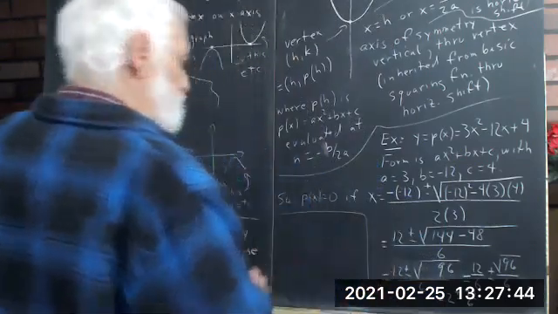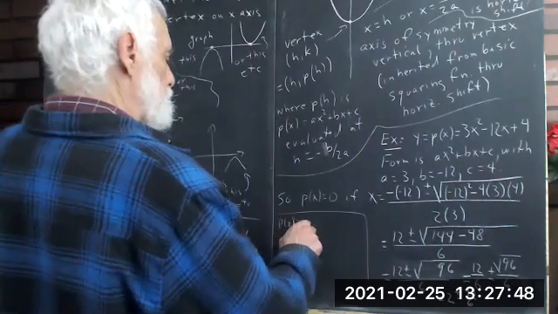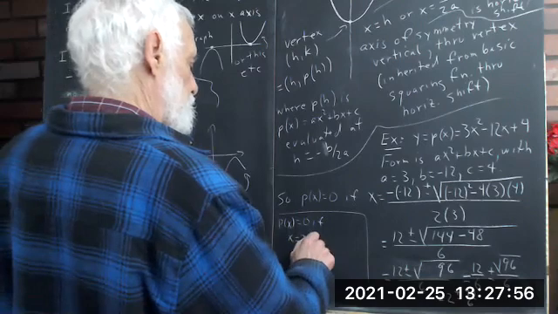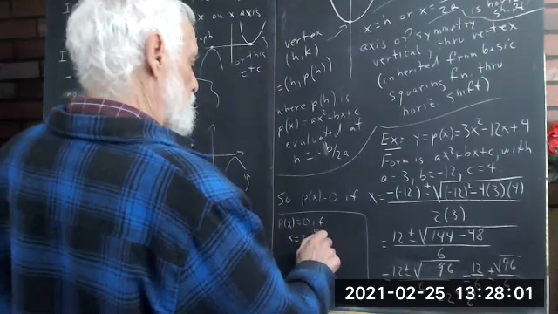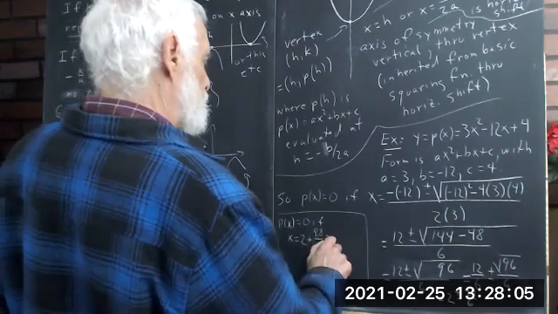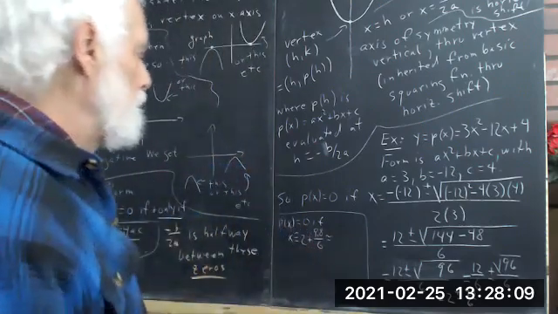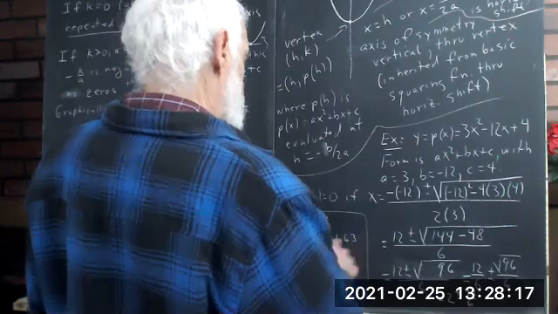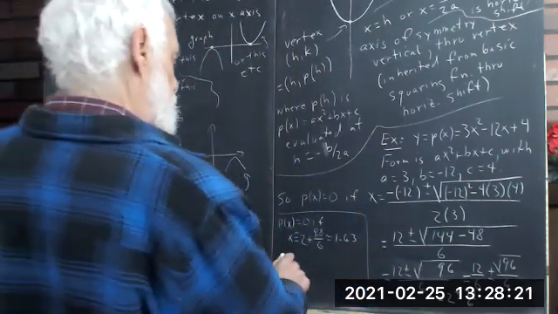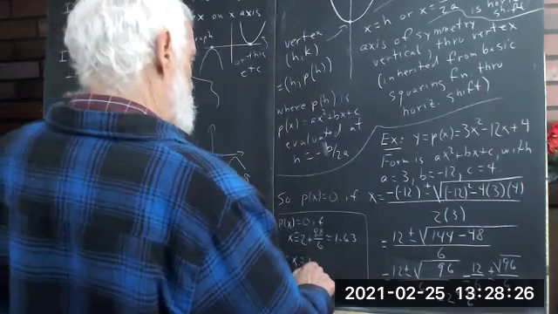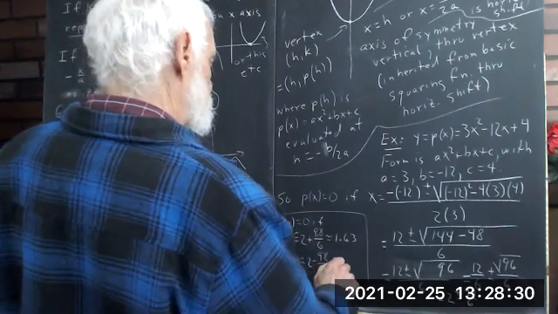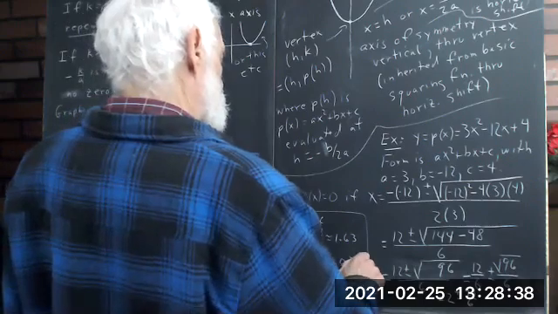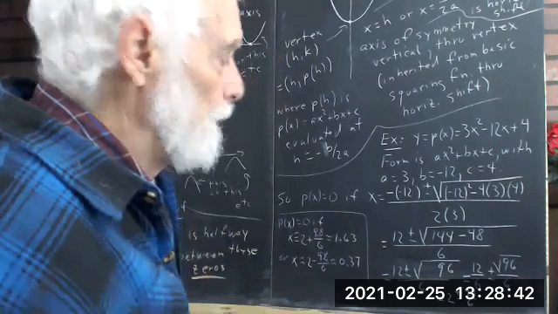So two plus 9.8 over 6 is about 1.63. And that comes out about 0.37.